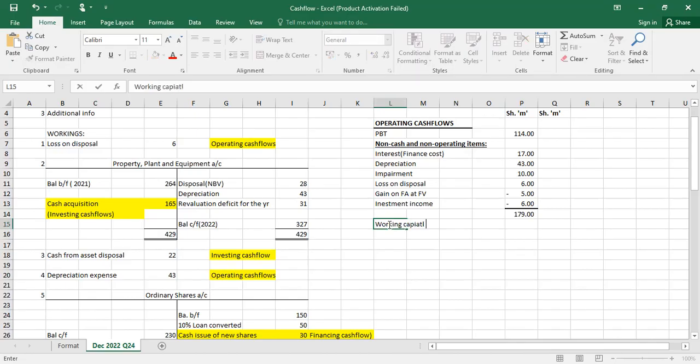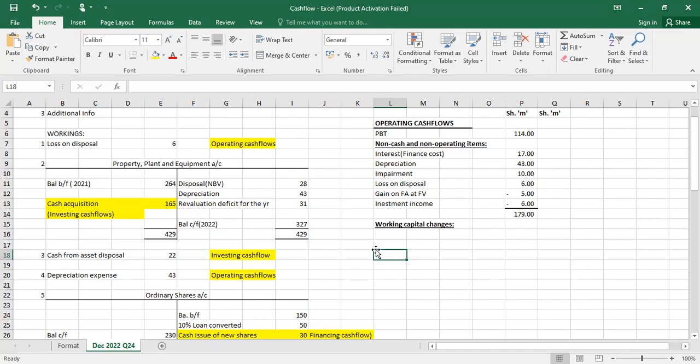So working capital changes. Now, for the working capital, we have just 3 things: the receivables, payables, and inventory.